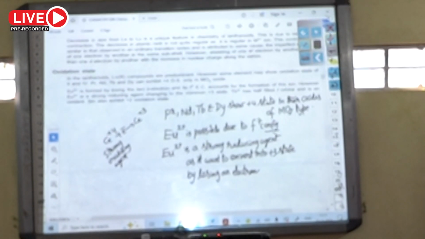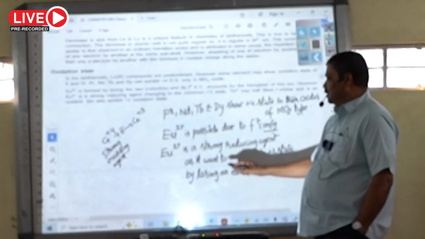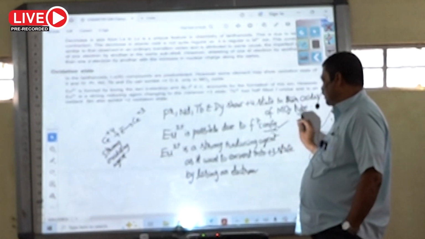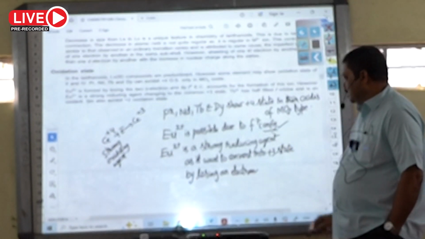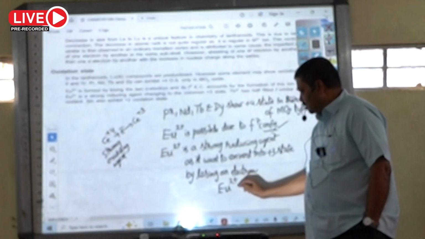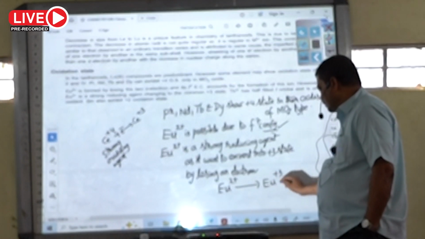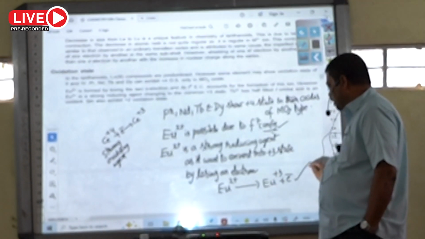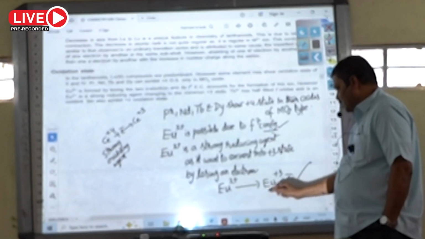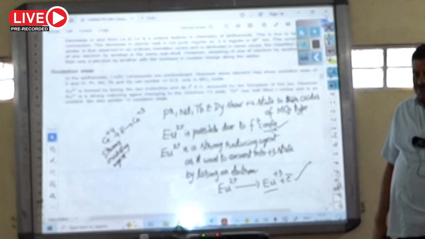Because the common oxidation state is what? +3. So though europium 2 plus is possible due to f7 configuration, it wants to lose an electron and convert into +3 state. Here it is losing an electron to get the common state +3 and acting as reducing agent.